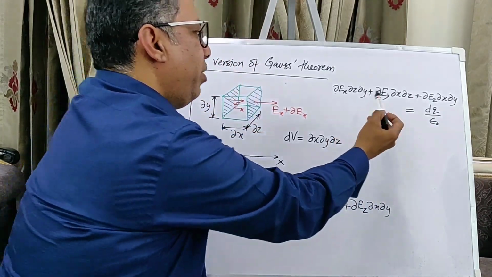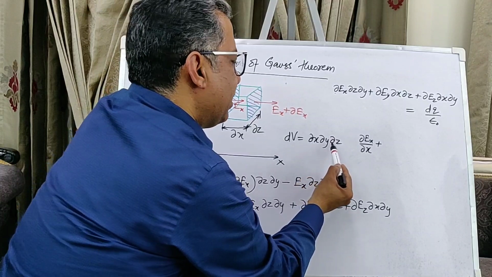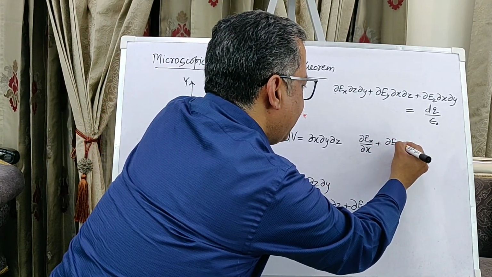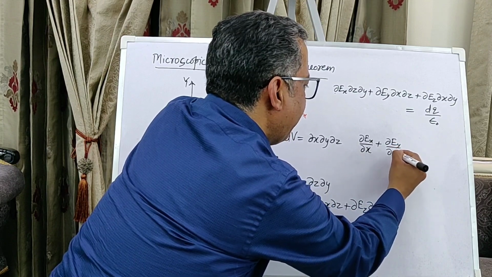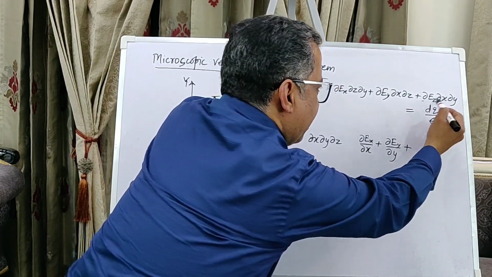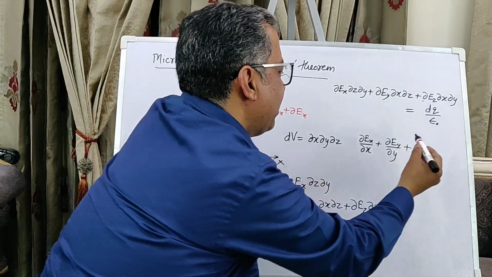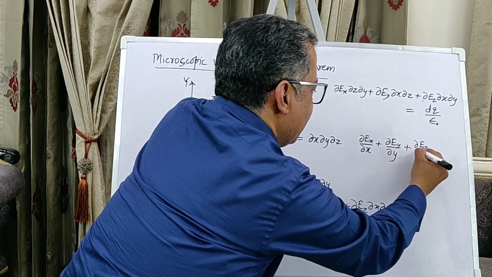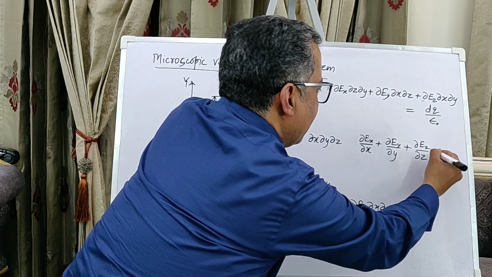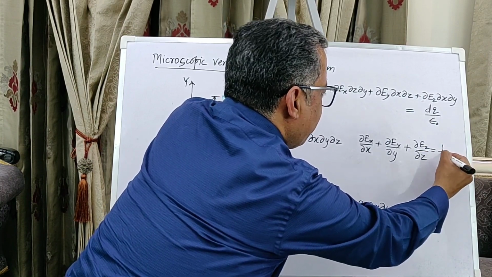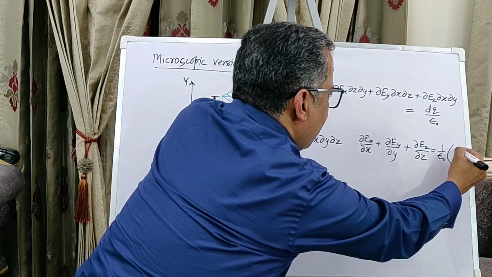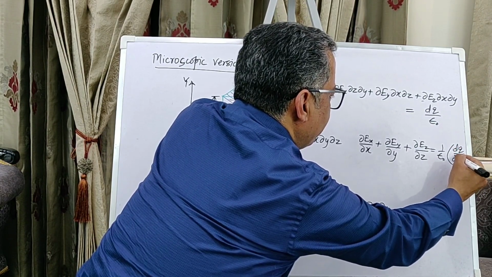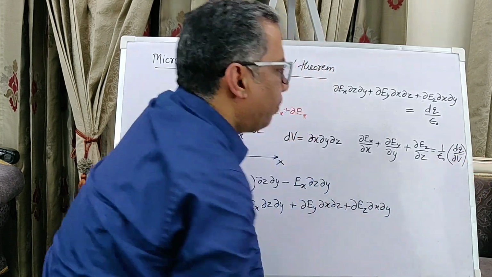Then next, if you divide this by del x, del y, del z, you are left with del Ey by del y, plus you divide this by del x, del y, del z, and you have del Ez by del z. And on the right hand side you have 1 by epsilon naught times the charge dq on the cube divided by its volume dV.